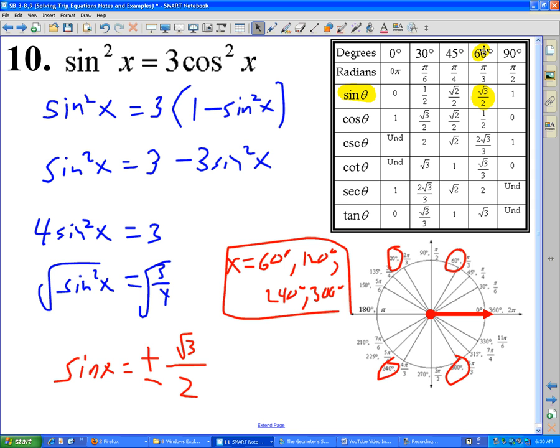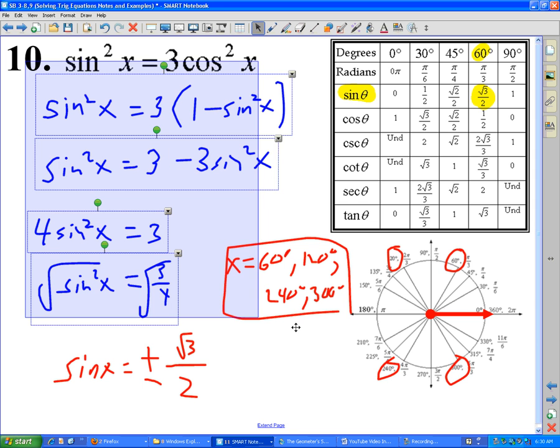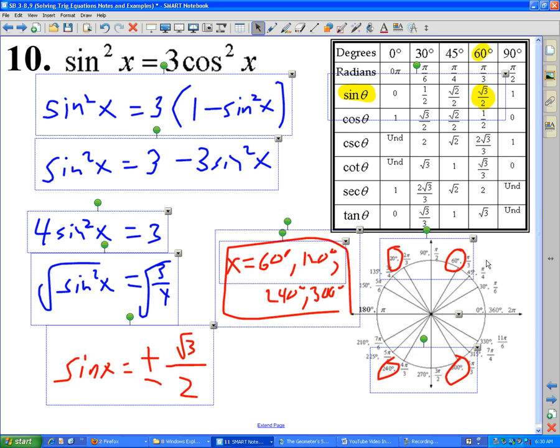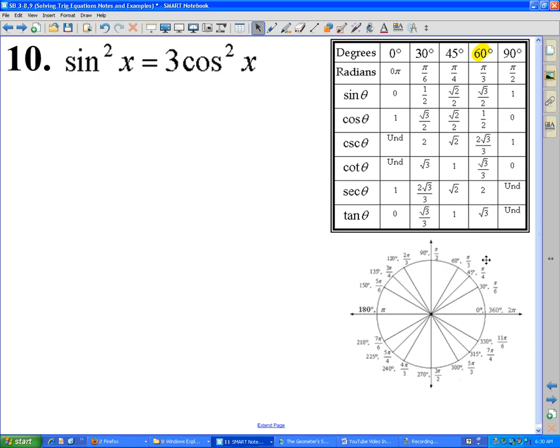Now, I did say that that's one way of doing this problem, and I think it's the safer way because there are going to be problems down the road that you're going to run into where that method would work and this other method I'm about to show you would not work. So take this little shortcut with a grain of salt. But if I divided both sides of this equation by cosine squared, I would get this, wouldn't I?